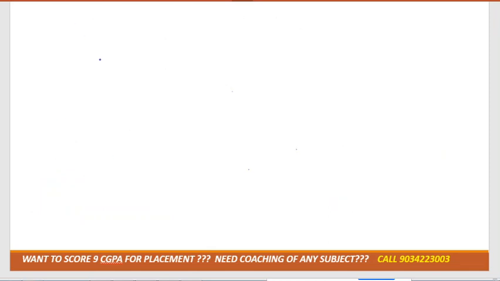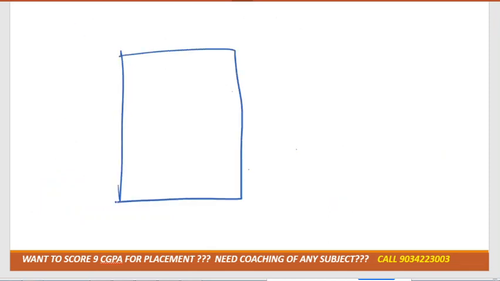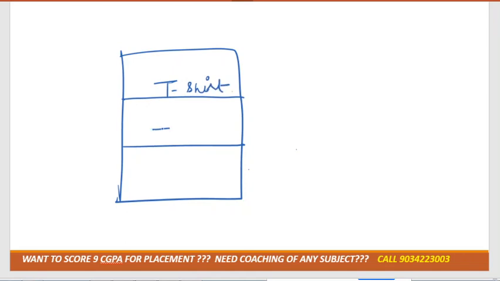Now I'm giving you one example. Suppose this is your almirah, and there are three boxes. In the topmost box you put all the shirts, in the second box you put all the jeans, and in the third maybe you put towels.